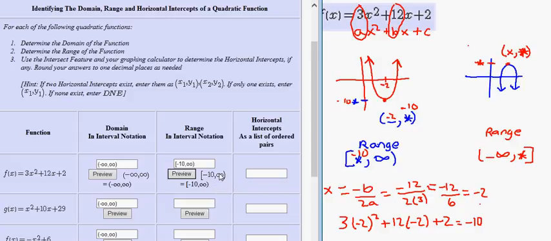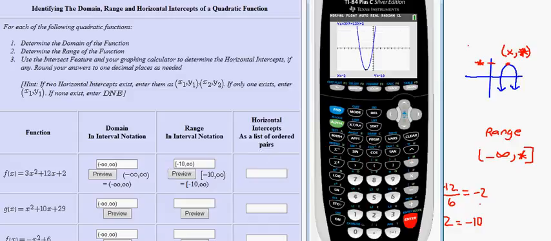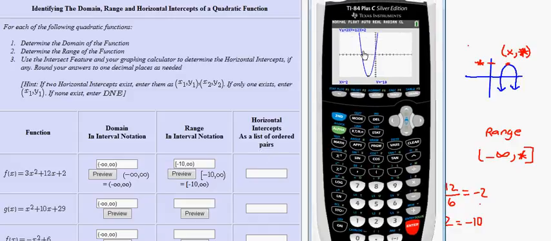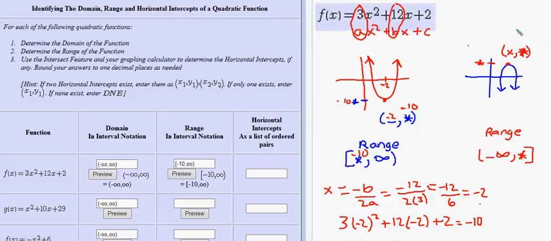Now, I'm almost done. I've got one more to go. I've got the horizontal intercepts, and that was actually the whole reason for graphing it, to find the horizontal intersections. You should know, though, that to find an intersection, you need 2 equations, and I've only typed in 1. So to find the horizontal intercepts, I need to give myself some room to write here and clear all this out.